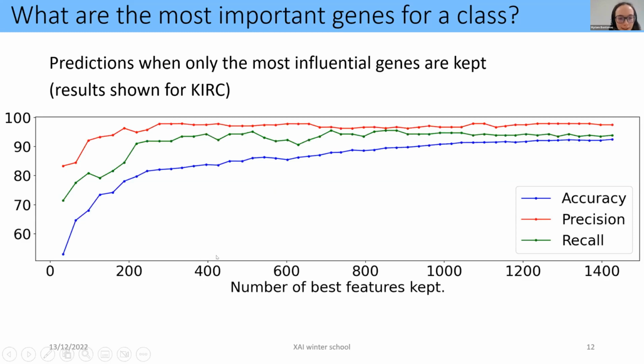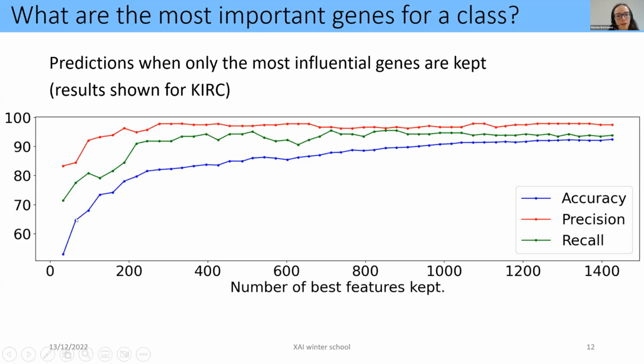So here on the x-axis, you can see the number of features we kept. For the first point we kept the best feature for each class, so we have 33 features kept.